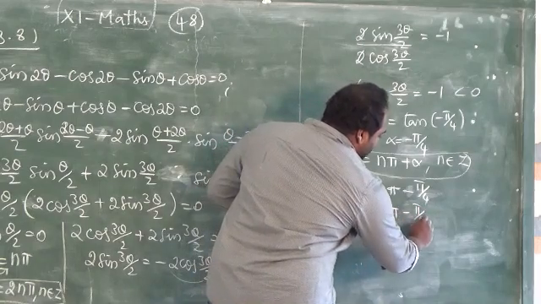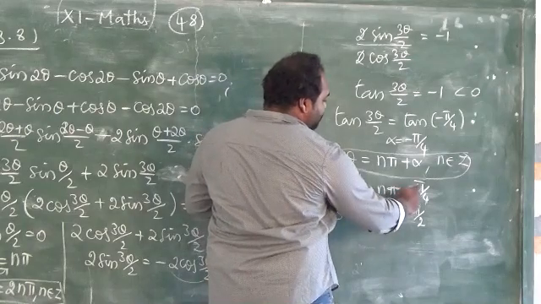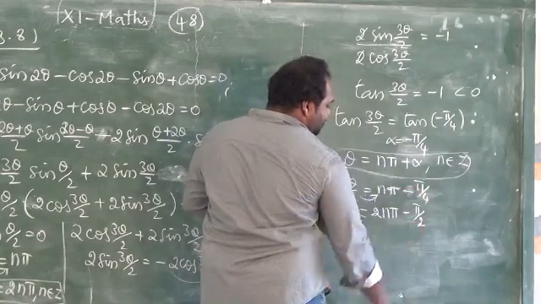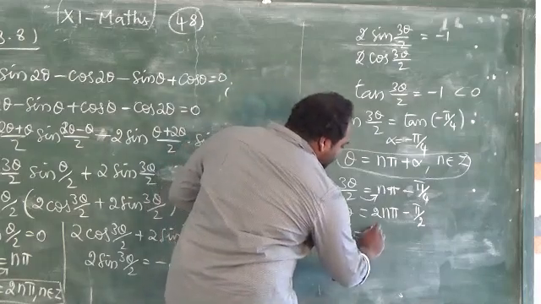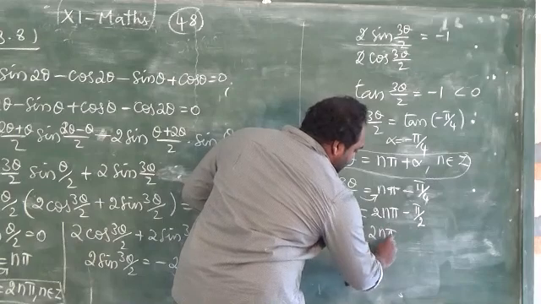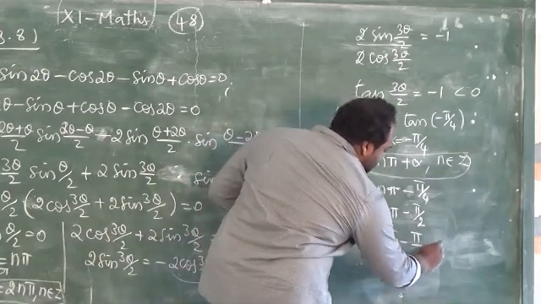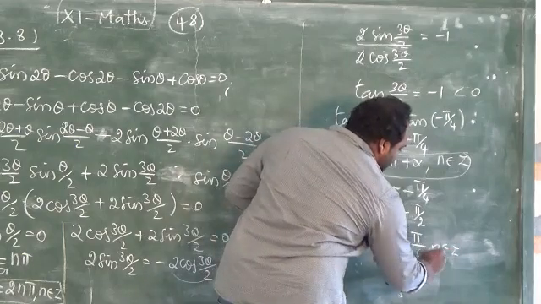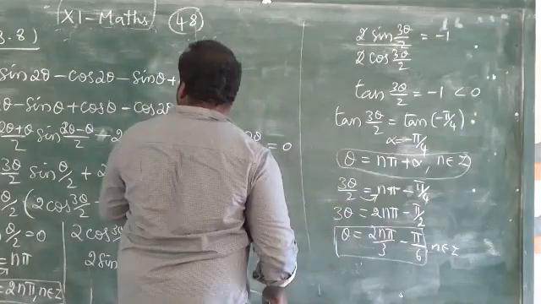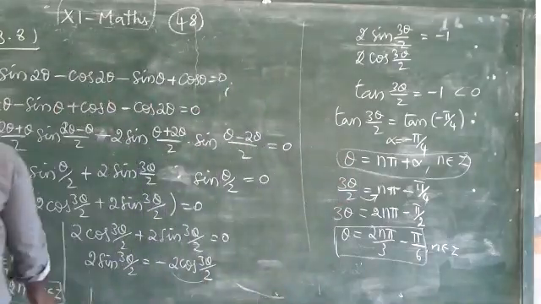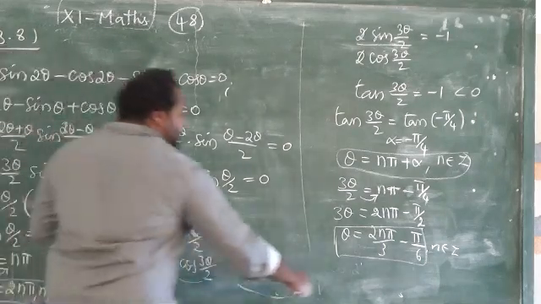Because if you carry this side, multiply 2n pi, multiply with the 2 pi by 4, cancel 2 and 4, pi by 2. And then I need only theta, so carry to this side: theta equals 2n pi by 3 minus pi by 2 into 3, that is 6, n belongs to Z. This is another solution for problem number 5. Next, problem number 6.